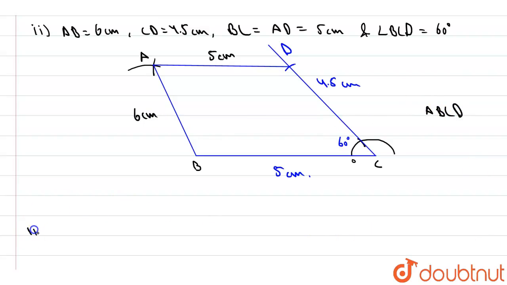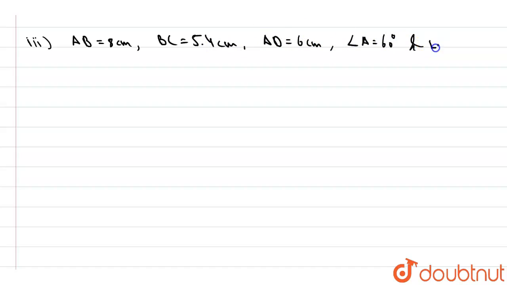Similarly, as the third, AB is 8 centimeter, BC is 5.4 centimeter, AD is 6 centimeter, angle A is 60 degree and angle B is 75 degree.